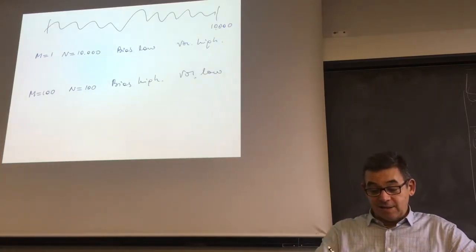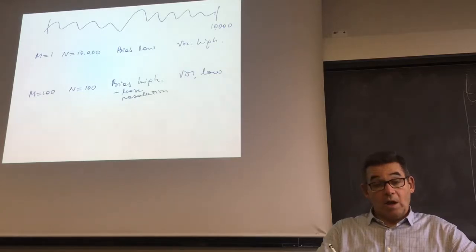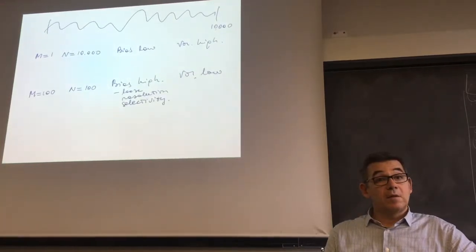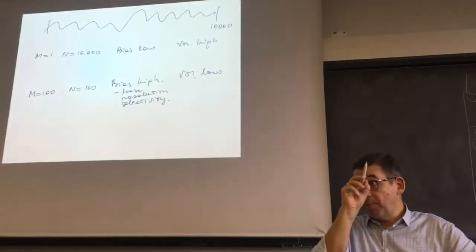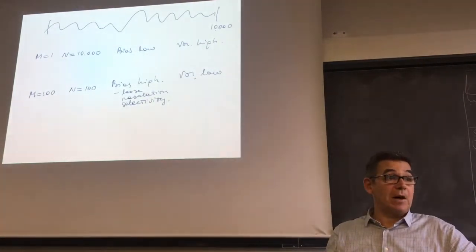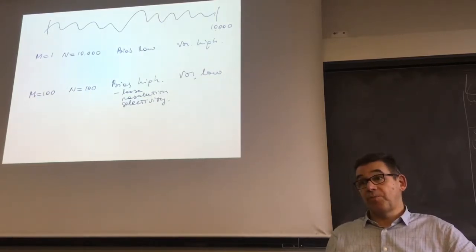So if the bias is high, basically here I lose resolution. I lose selectivity, where the selectivity is the capability to follow a sharp transition in a power spectral density. But the variance is low.